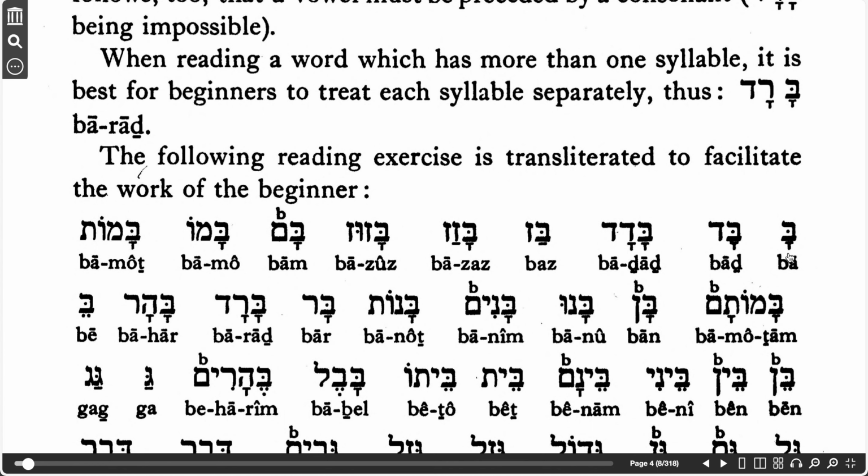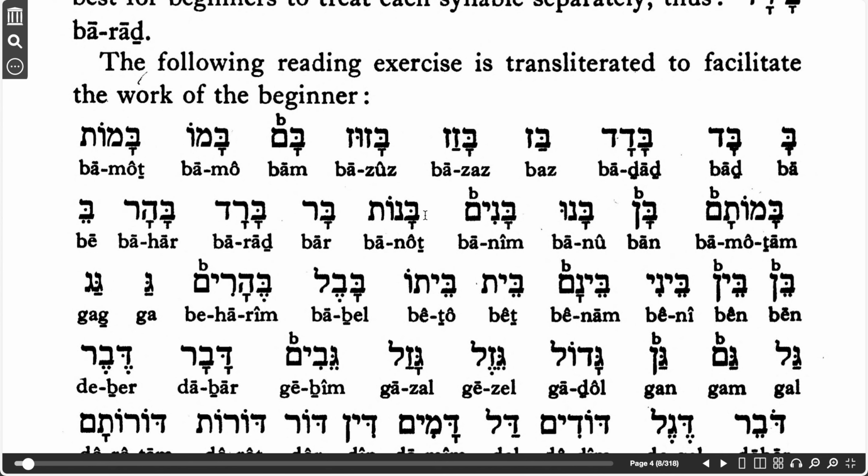So you think of ba, bath, badath, bathath, baz, bazaz, bazuz, bam, bamo, bamoth, bamotham, ban, banu, banim. You see how I'm just reading from right to left?